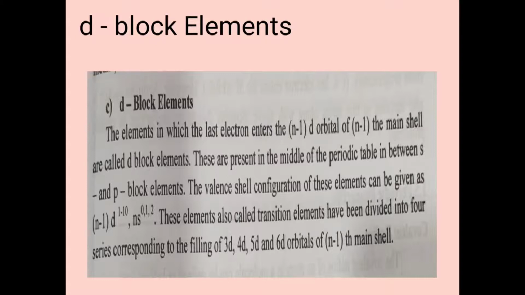And in this series, electron goes to 6d orbitals.